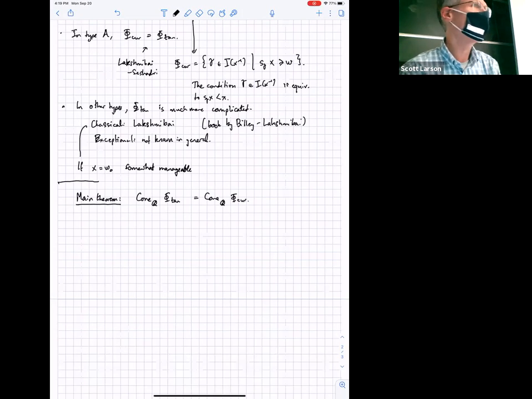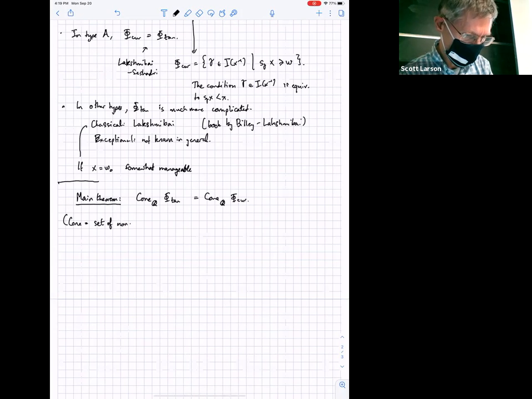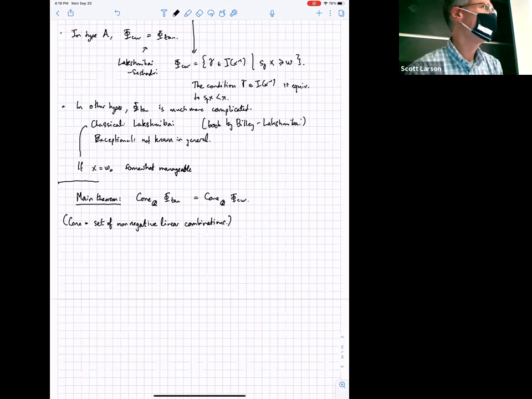And by the cone, I mean the set of non-negative linear combinations. And in simply laced types, this would also be true with Z replacing Q. But let's just leave it at that for now.